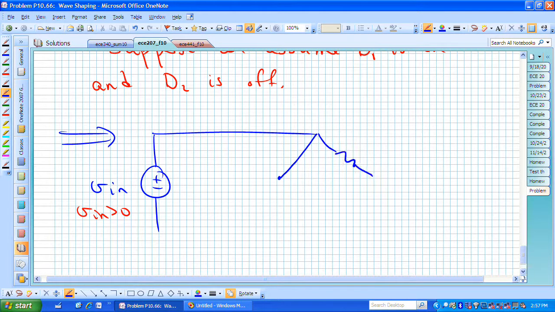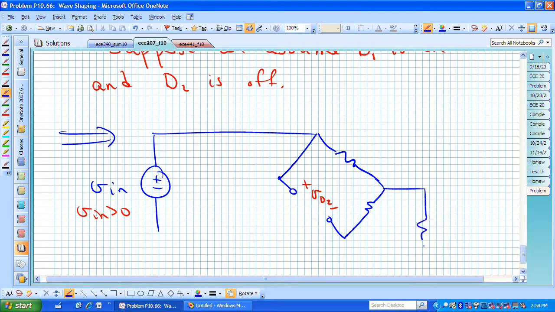Here's our 1K ohm resistor. Diode 2 we were assuming was off, so we're going to open it up. And remember our polarity. Here was our anode end and here was our cathode end. And if that diode's going to be off, then V sub D sub 2 needs to be negative. And maybe you can see that that's maybe not going to be the case, but let's just keep going.